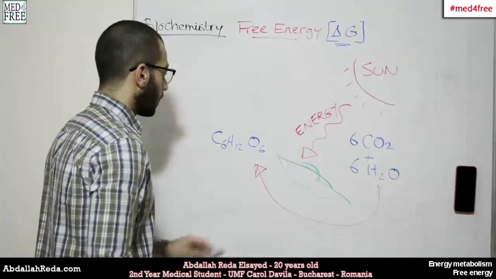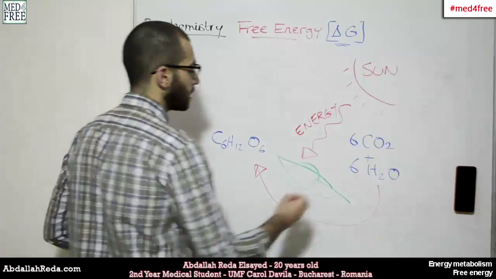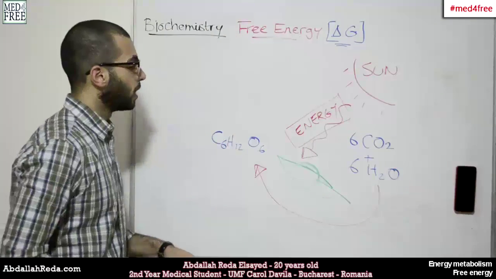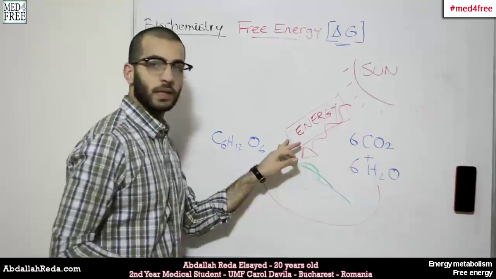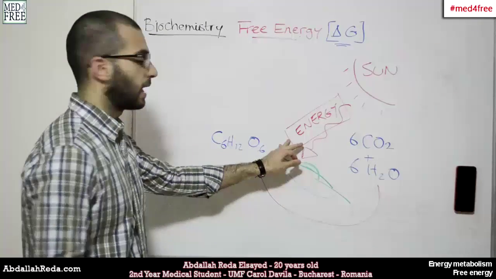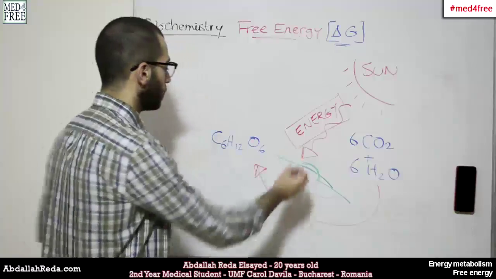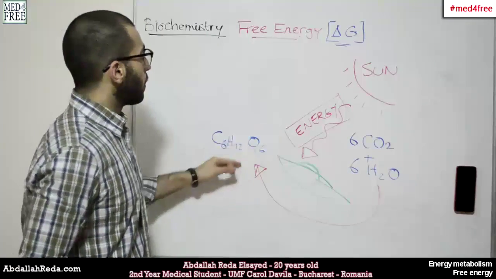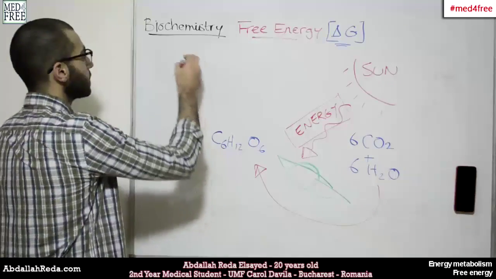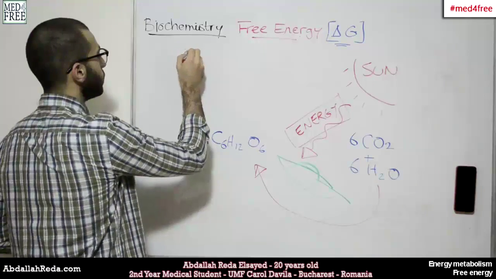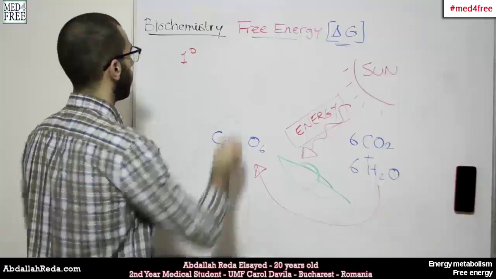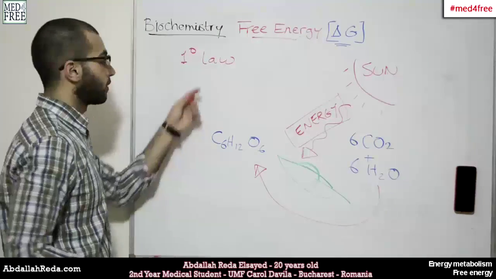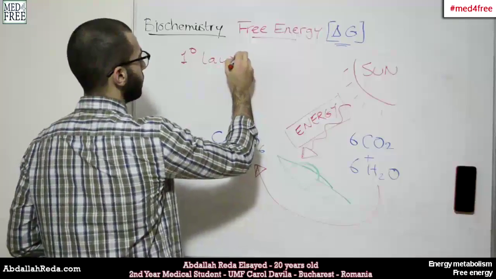Now, what happened here is that the plant used this energy, and this energy was converted from being a light into a chemical energy. So the first thing that we need to know is the first law of thermodynamics. The first law of thermodynamics is the law of conservation of energy.